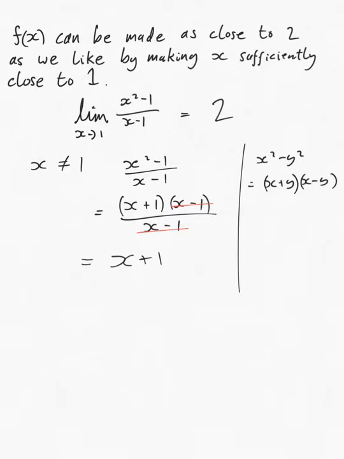And now it's easy to get the limit. So this is the same as the limit as x approaches 1 of x plus 1. And this limit can easily be found by substitution. If I just put in x equals 1 in that formula, I can get the limit. So that's equal to 1 plus 1, which is equal to 2.